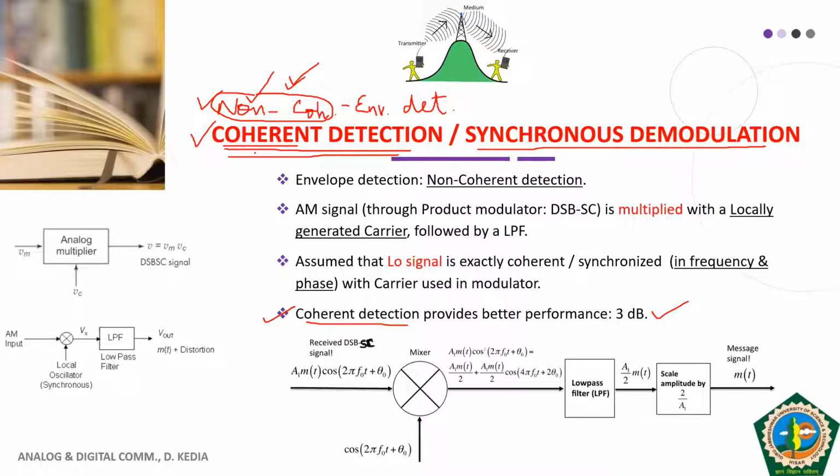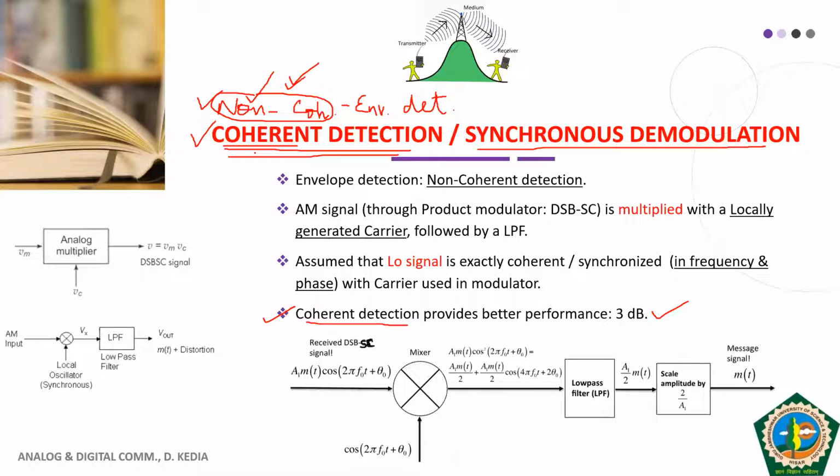So non-coherent detection or envelope detection is simple and cheap, but provides a little less performance, whereas coherent detection provides better performance but is a bit complex. So again, we are in a dilemma about which one to go for.